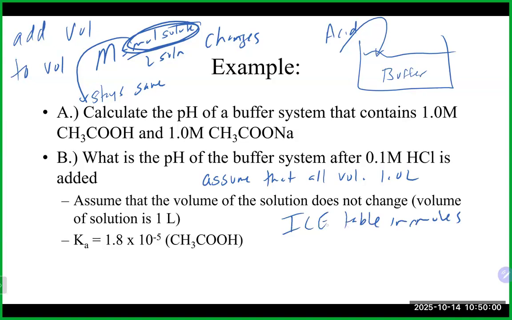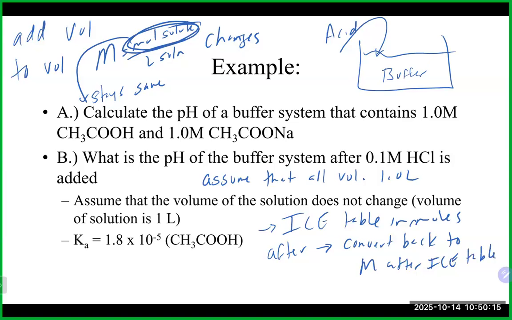After you do the ice table, it's a very good habit to convert back to molarity. And how would you convert back to molarity? You would take the moles that you got and divide it by the total volume. So basically whatever you added and what you started with, you take your total volume to do that.